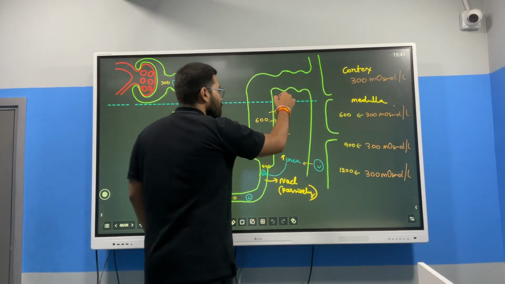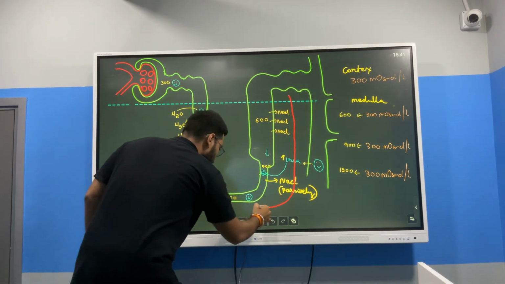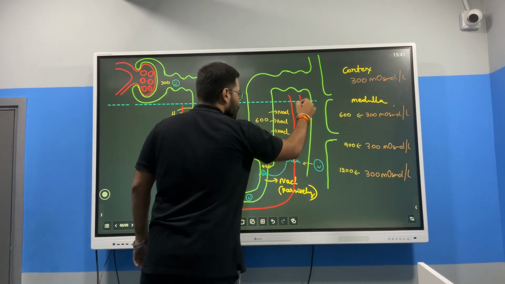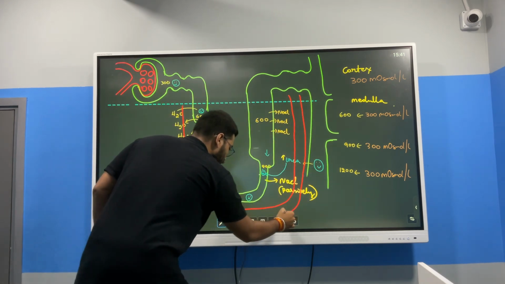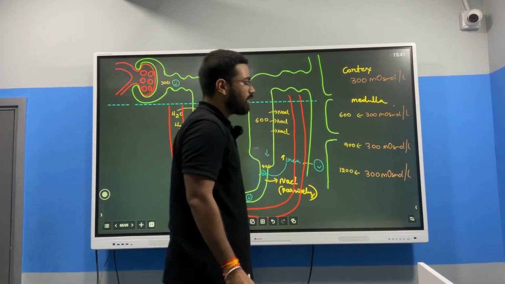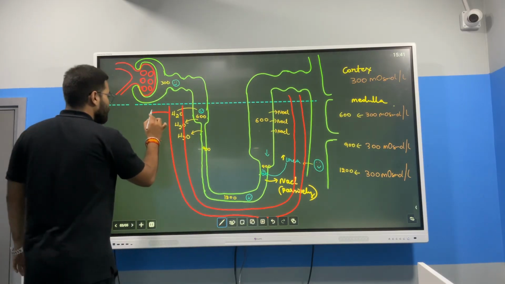So let's go back to the blood vessel, okay, and I can draw a blood vessel something like this, which comes from here and goes back to here, something like this. And this blood vessel is known as vasa recta.